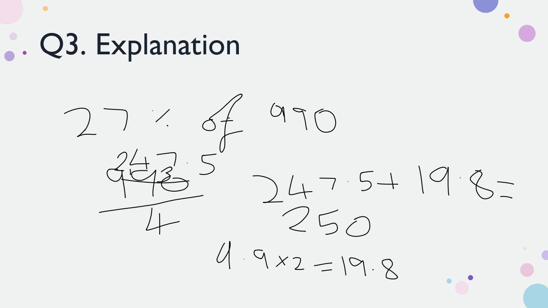Then 7.5 add 19.8 is 27.3, so 250 plus 17.3 is 267.3. And that is our final answer.